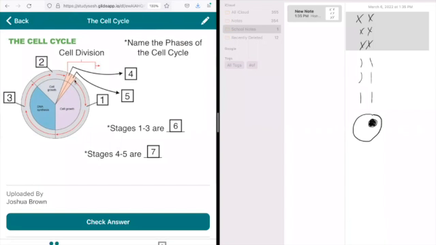For the cell checkpoints, we have three. One's going to be in G1, one's going to be in G2, and one's going to be during mitosis. When I say G1, it's going to happen right around here, if you can see my cursor, right before S phase.